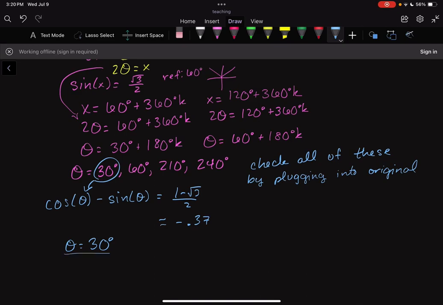If I plug in theta equals 30, I get 0.37 equals negative 0.37, because this side is not changing. So that's not going to work. 30 degrees is not a valid answer. So that one is not working.